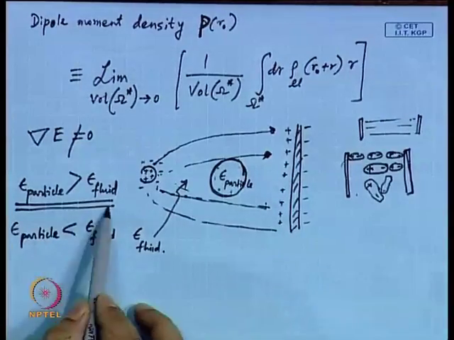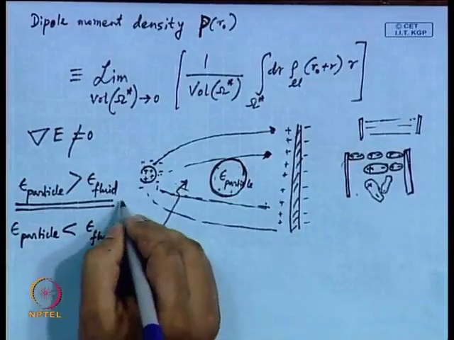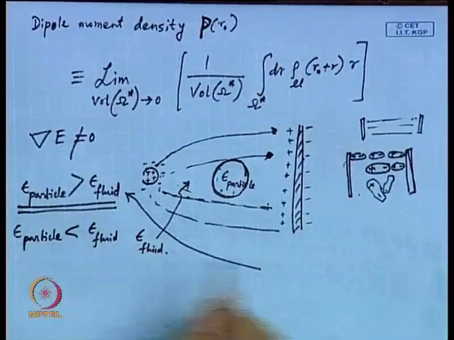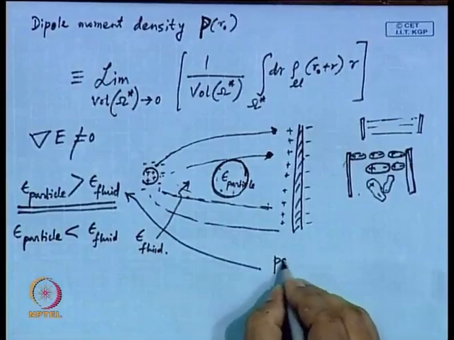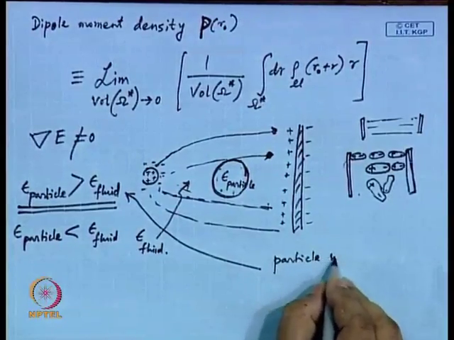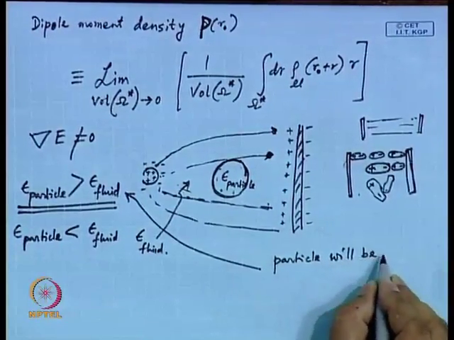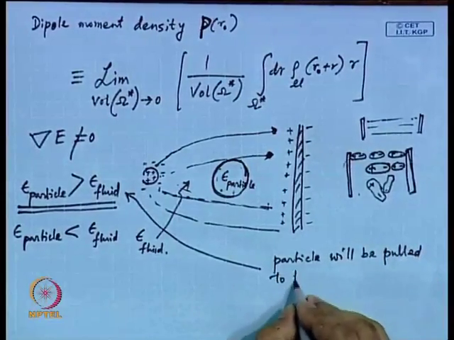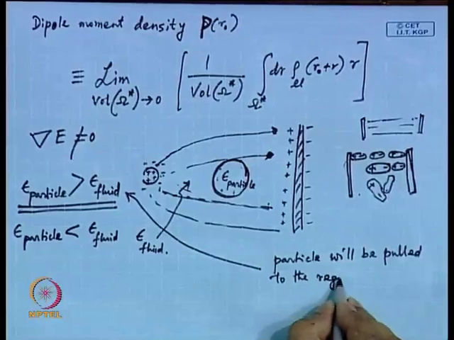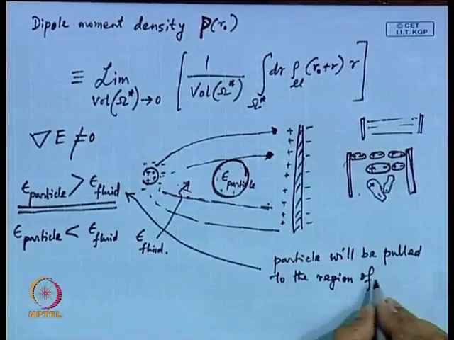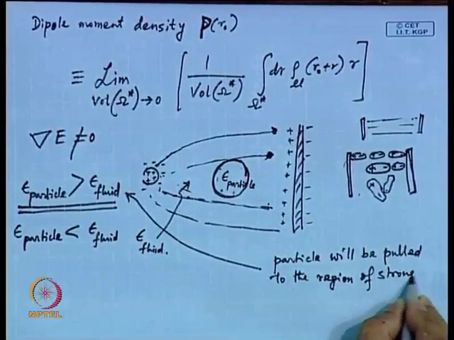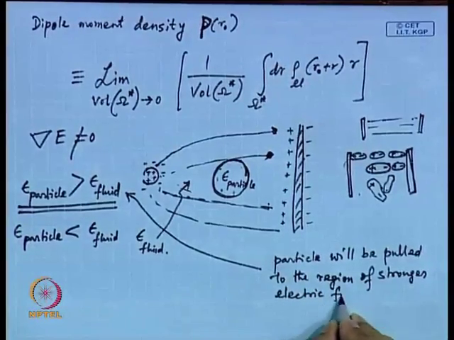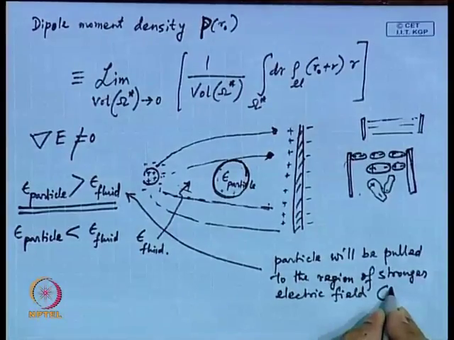So, when f sub particle is greater than f sub fluid, I should write this down clearly. When f sub particle is greater than f sub fluid, then the particle will be pulled to the region of stronger electric field, that means to the left.